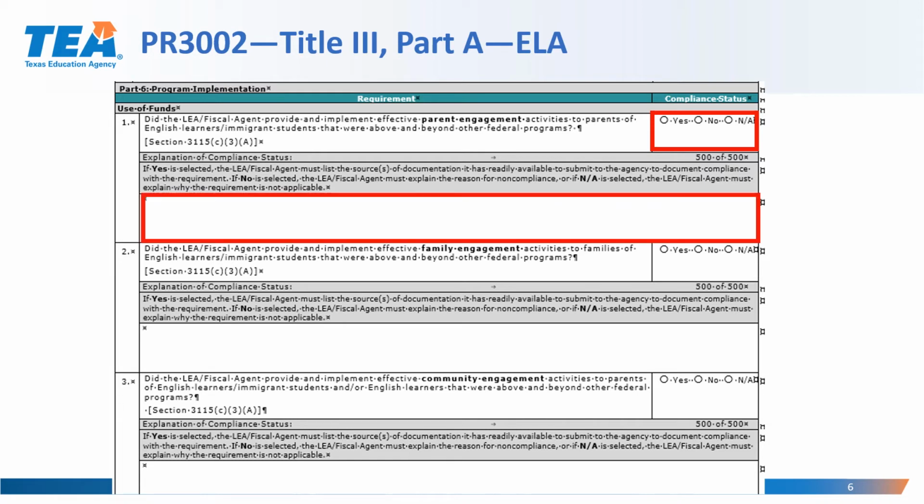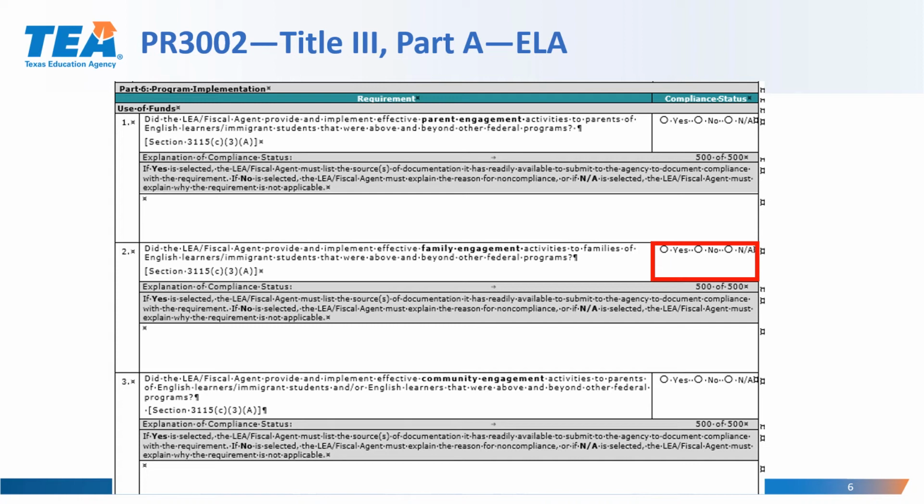In the explanation of compliance status, if the LEA selected yes, the LEA must list the sources of documentation that it has readily available to submit to the agency to document compliance with the requirement. If the LEA said no, the LEA must explain the reason for the non-compliance. And if the LEA selected NA, the LEA must explain why the requirement is not applicable.